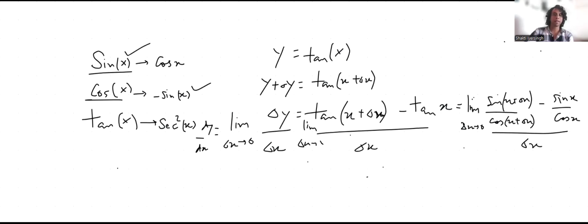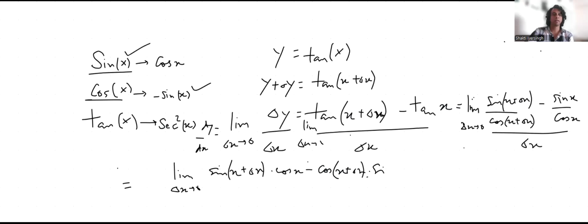Now cross multiplying, we'll get limit delta x tending to 0 sine x plus delta x times cosine x minus cosine x plus delta x into sine x, and the whole thing divided by cosine x plus delta x times cosine x times delta x.